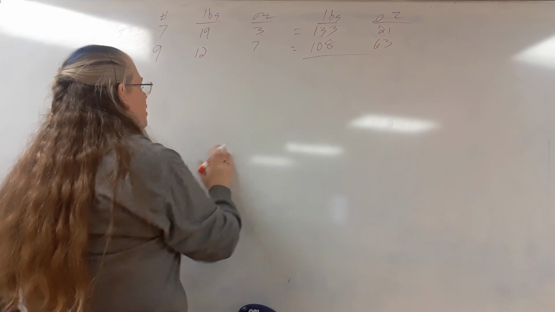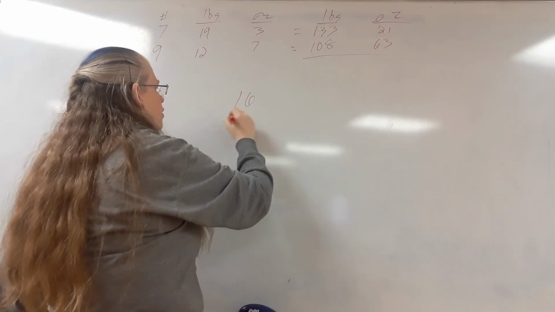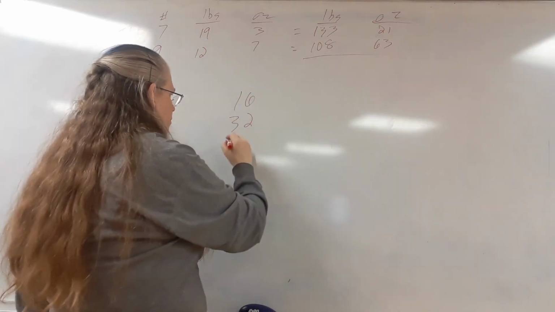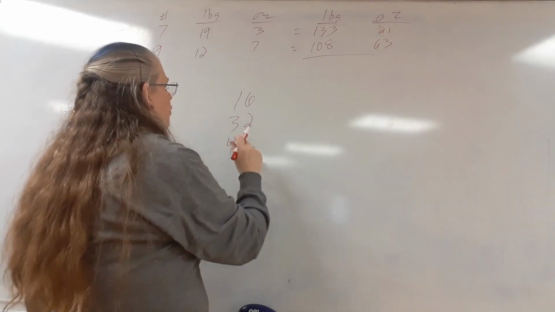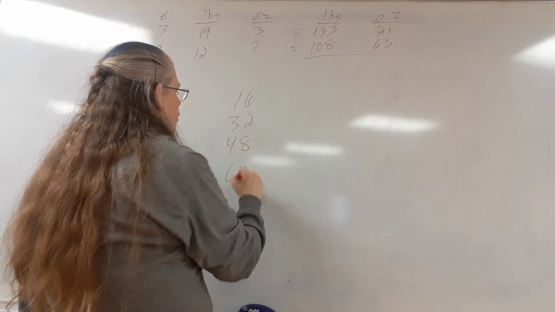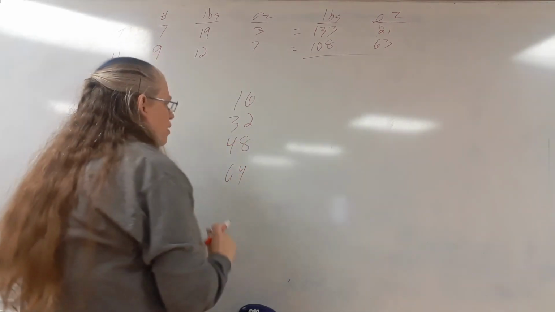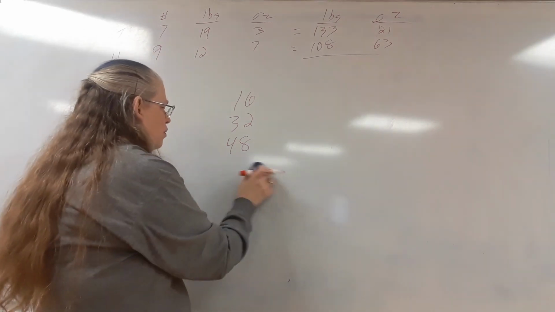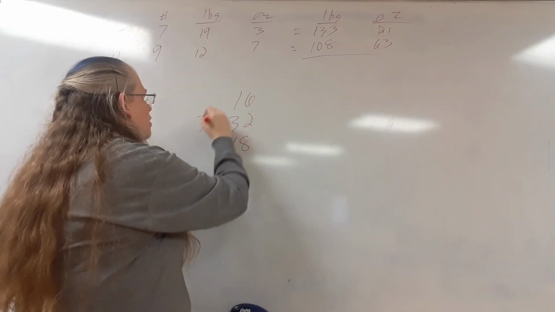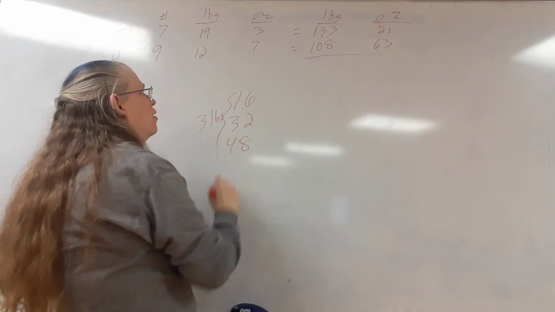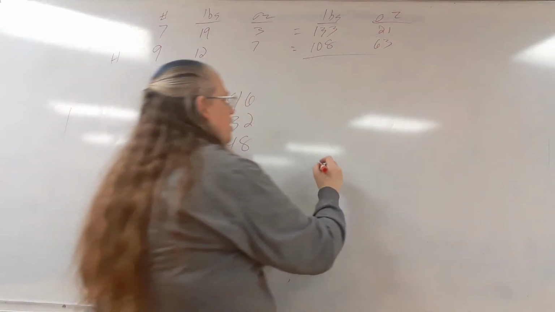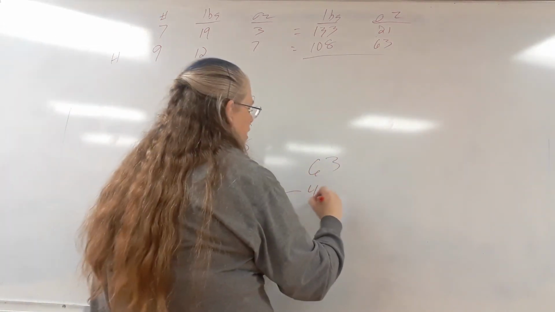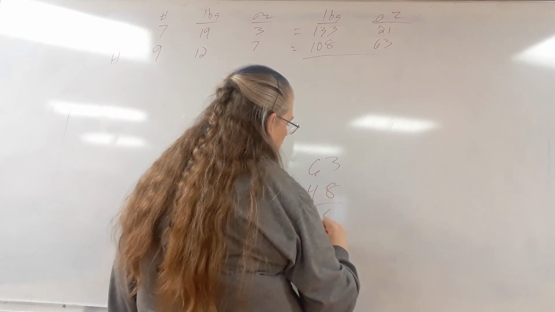Okay, so let's count by 16s. 16, 32, 48. If we go one more, we get 64. 64 is too big. So we have 3 pounds. So 63 minus 48 is 15.